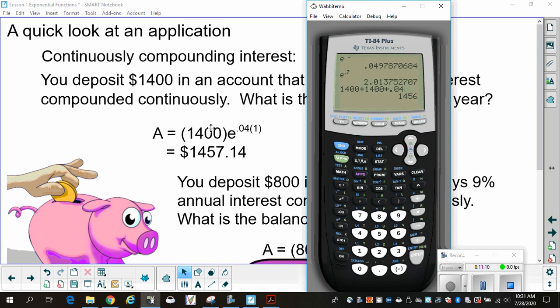So compounding it continuously gave me an extra $1.14. And you might go, huh, who cares? That starts adding up when you have $100, or $14,000 or $140,000. That amount starts getting bigger and bigger. And when you start compounding continuously, it grows quickly.